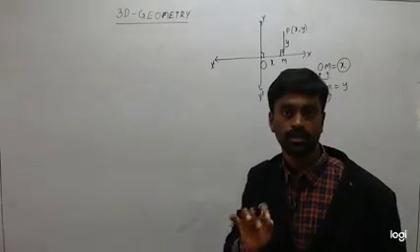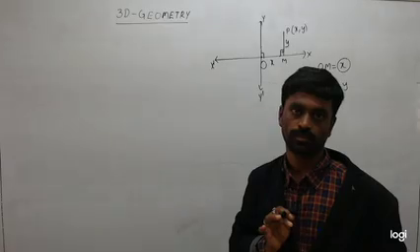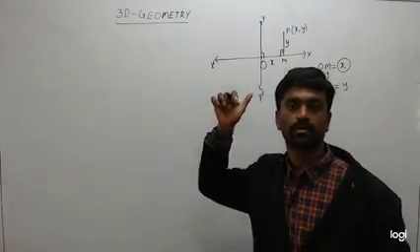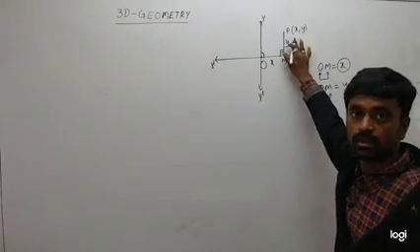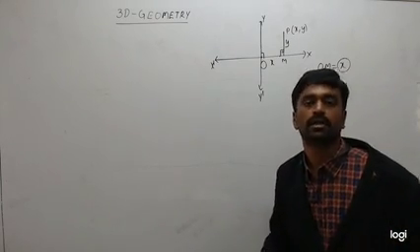Distance cannot be negative, but algebraic distance may be negative also. Depending on the quadrant, that algebraic distance may be negative or positive.